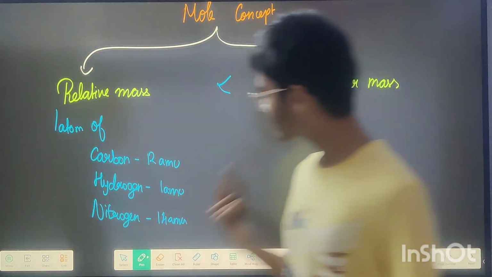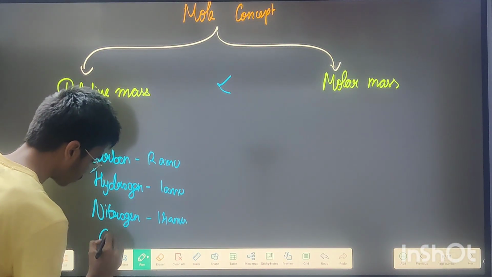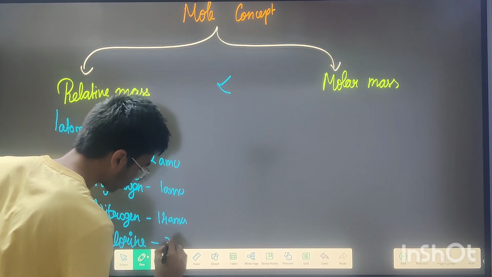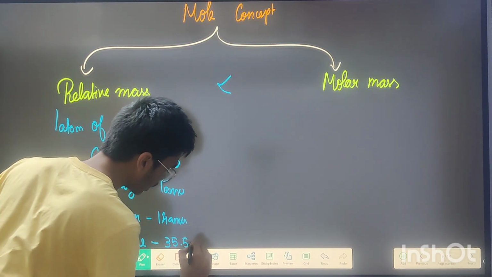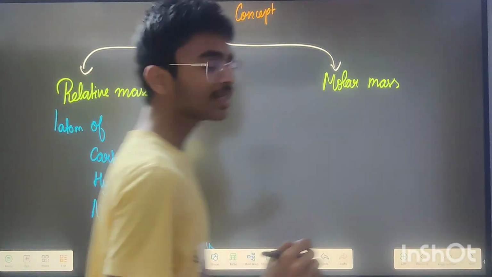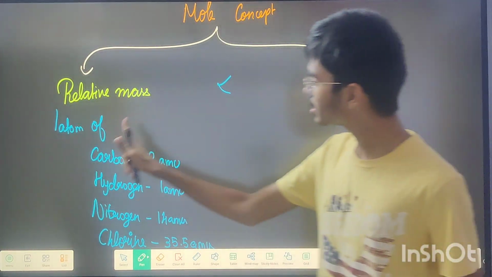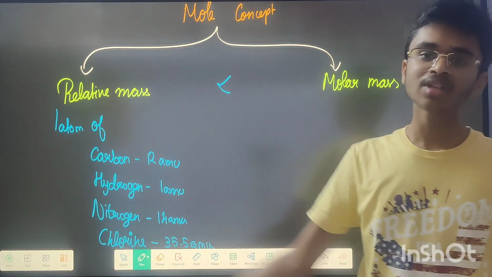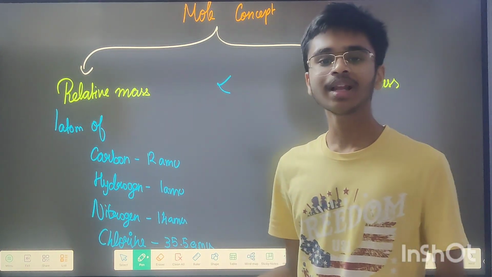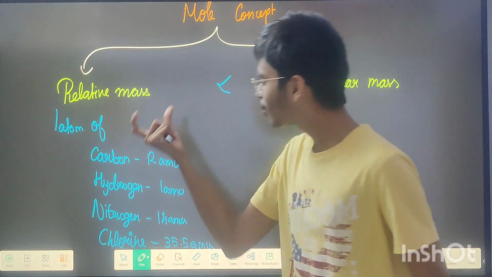For an example, chlorine is going to be 35.5 AMU. But the thing is, AMU is very, very small because it is the mass of one atom. And just imagine, there is no way that we can touch or feel or do chemistry by using one atom.